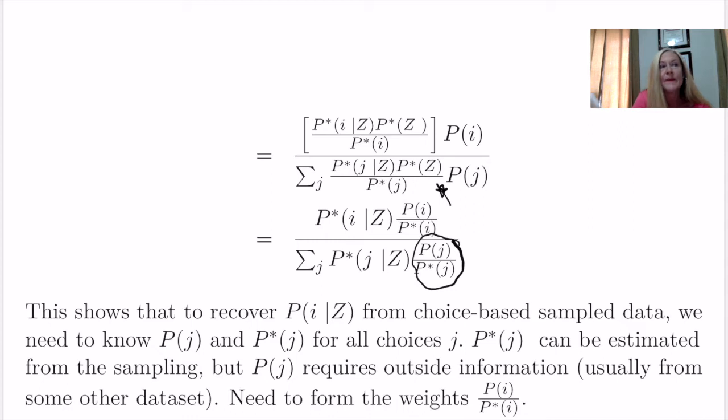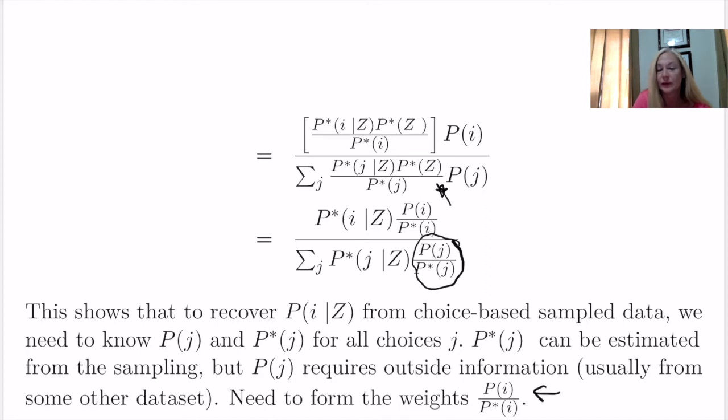That gives us our P star of J, because we know what fraction in our sample is making these choices. We would have to have some information on the probability of choosing J in a random sample. You need that from some other data set normally, because you wouldn't get it from the choice-based sample.